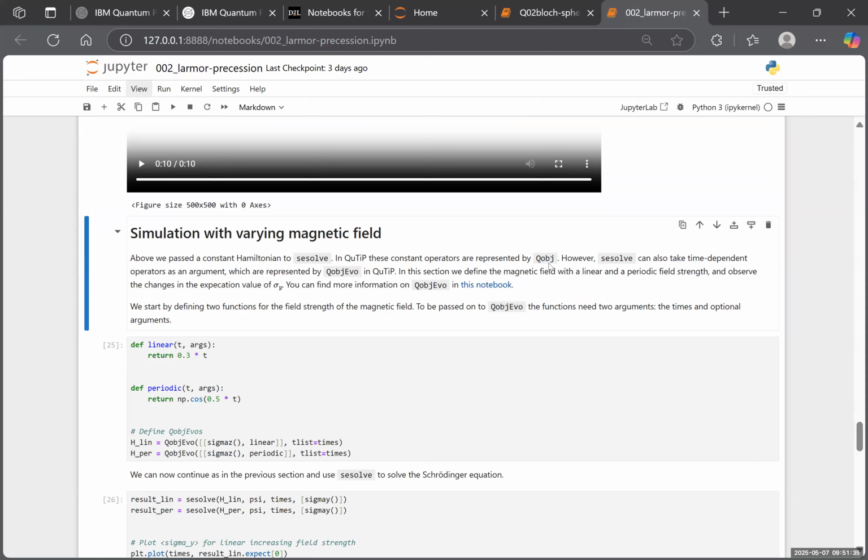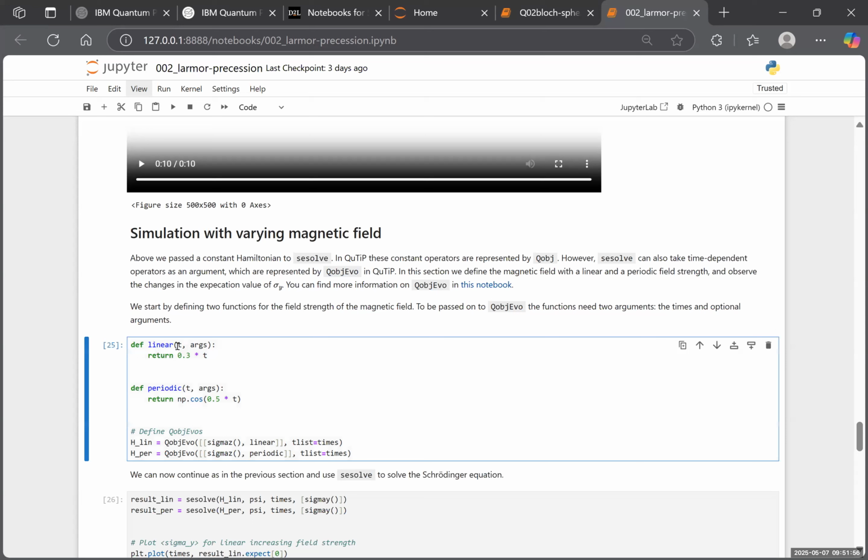And to solve a time-dependent field, these are represented by Qobj eval in QuTiP. So we can define a magnetic field with a linear and a periodic strength. So two different ones. There's a linear strength, time, return 0.3, periodic, return cosine 0.5 times t.